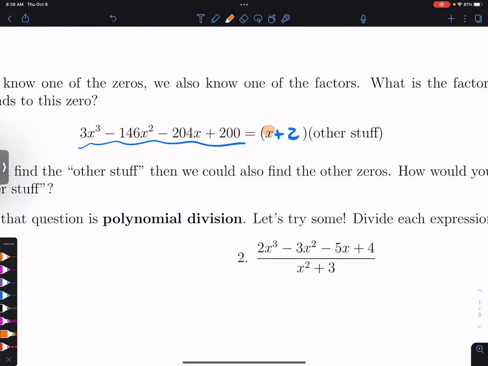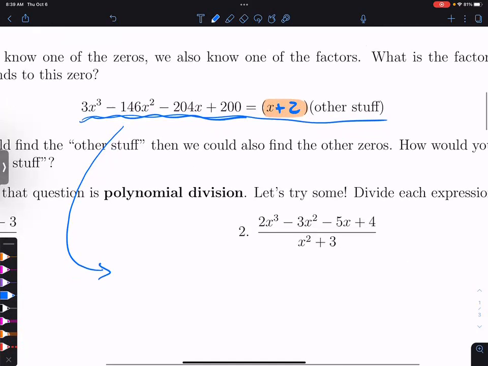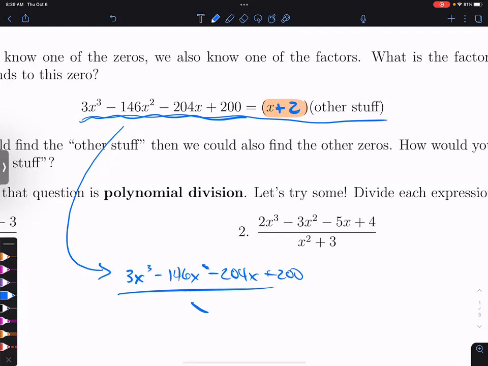We're going to try to figure out how to take this out. The way we're going to do that is that if this is true, then 3x cubed minus 146x squared minus 204x plus 200 divided by x plus 2 would be whatever this other stuff is.